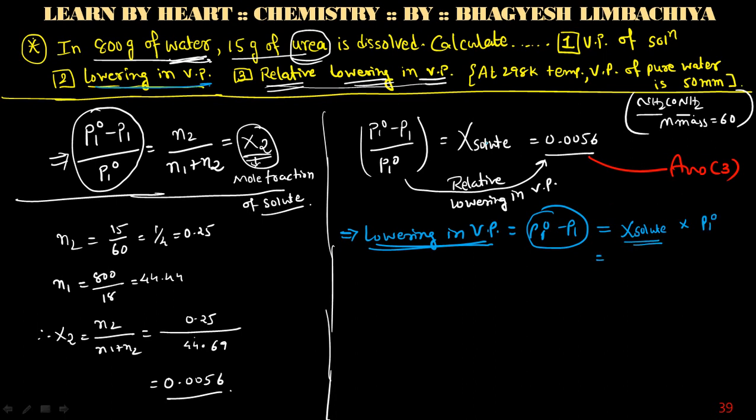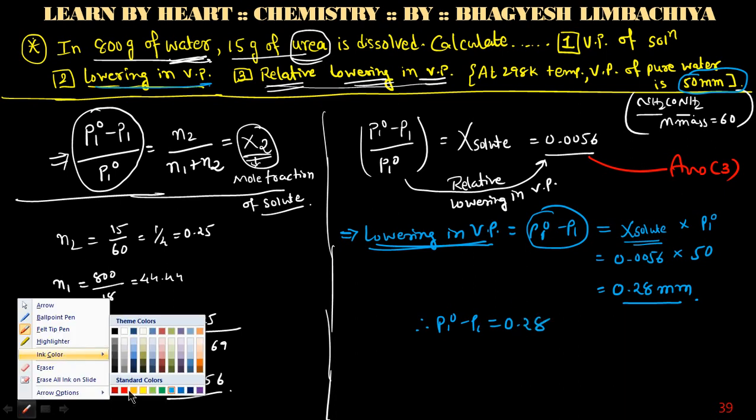The x of solute is 0.0056, that is the relative lowering in vapor pressure, right? And P10 is given in the question, that is 50. So half of it is 25, and after adjusting the decimal it is 0.28 mm. And finally P10 minus P1 is 0.28. So this is the lowering in vapor pressure, our answer number 2.